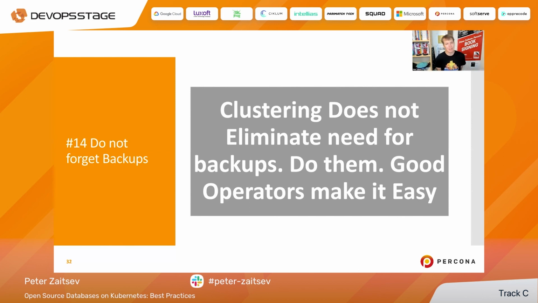Now, the good thing is that the good operators out there make backup enablement very easy, much easier than setting up some scripts, putting them in a cron job, and yada yada, which you may have had to do in that classical Linux VM stage. So, don't forget to enable them.